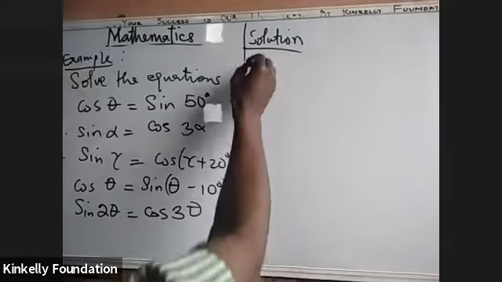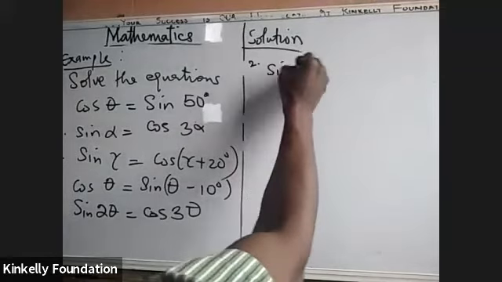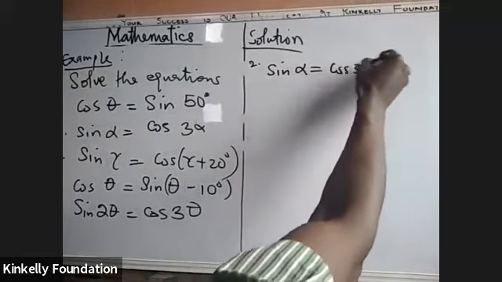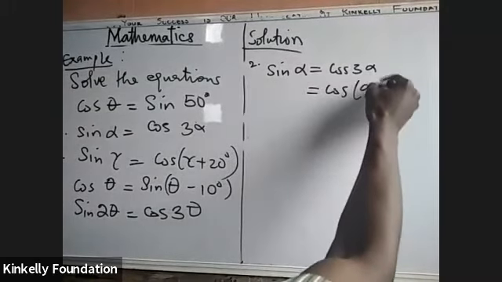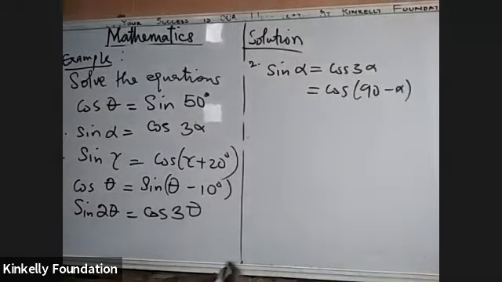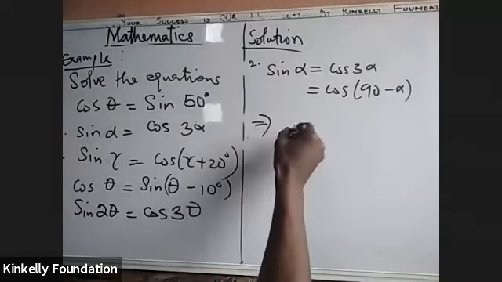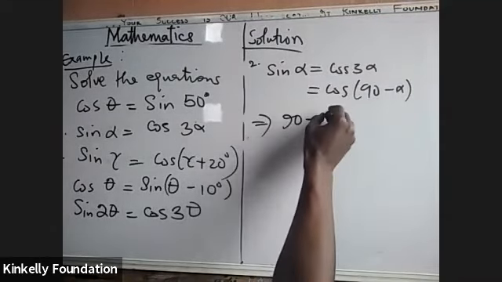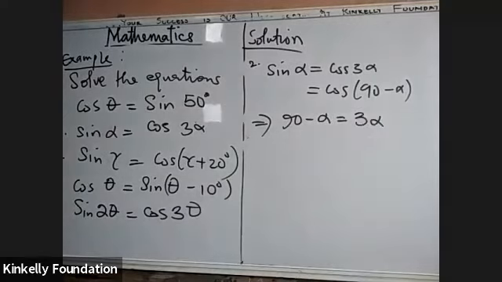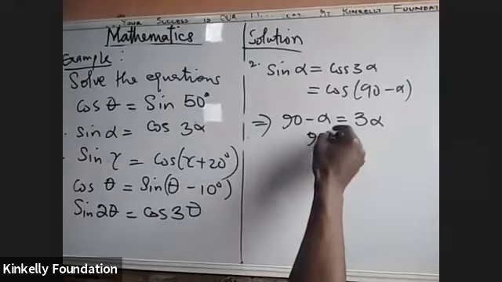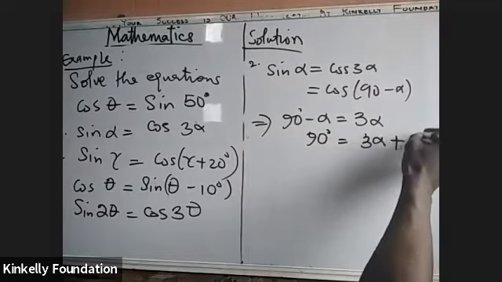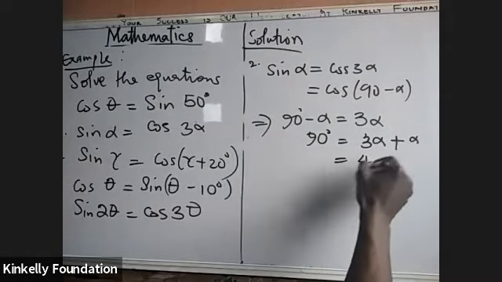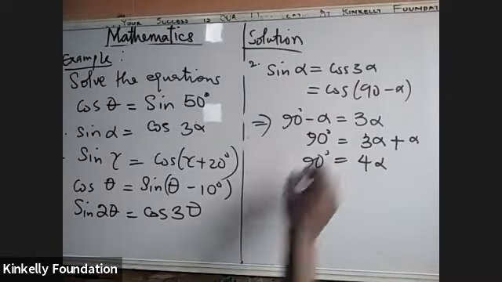In the second one, sine alpha is equal to cos 3 alpha. And remember that sine alpha is equal to cos of 90 minus alpha. So it now implies that 90 minus alpha is equal to 3 alpha. So we have 90 degrees equal to 3 alpha plus alpha, which gives 4 alpha, equal to 90 degrees.